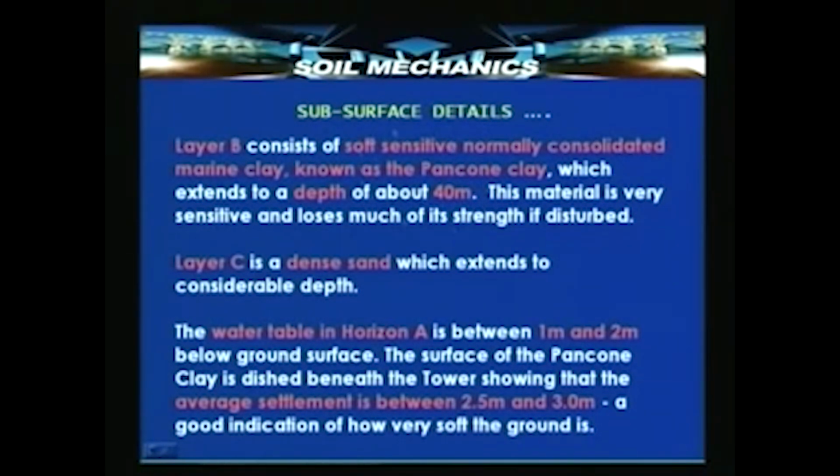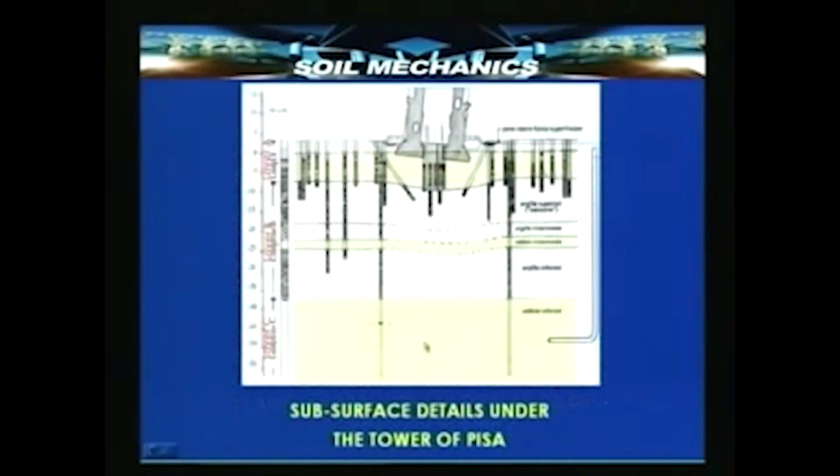So, this is the culprit. Below this, layer C is dense sand, and there is a water table in horizon A, that layer A. Now, these are the culprits, and you can see in this diagram that layer B has settled, and that is the reason why the tower has tilted. If the tower had undergone uniform settlement, perhaps it would not have been a serious concern, but this differential settlement leading to tilting had become a serious concern.